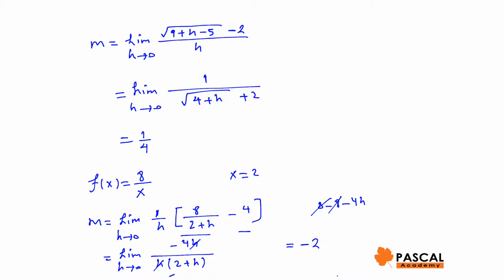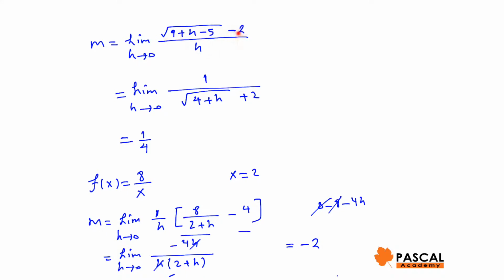Slope of the tangent line would be the limit of f of 9 plus h minus f of 9 divided by h as h approaches 0. To calculate this limit, we multiply and divide by the conjugate of the numerator.